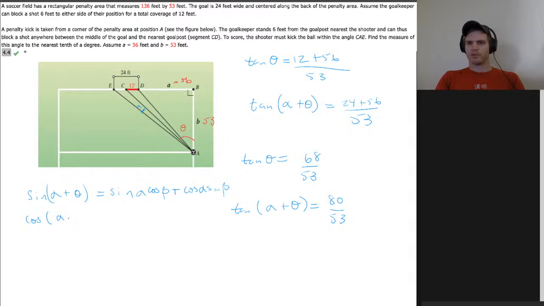Cosine of alpha plus beta equals cosine alpha cosine beta minus sine alpha sine beta. So you just take the quotient of these. So what would that come out to?